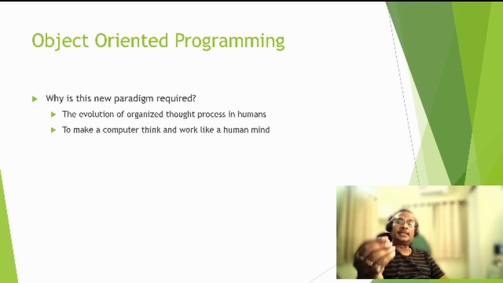Understand this: a human mind basically organizes everything as objects. So how do we identify everything as an object?